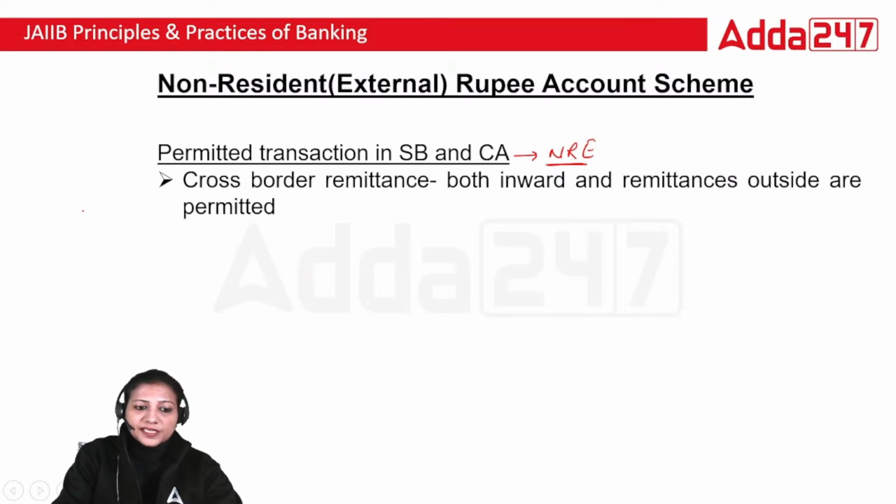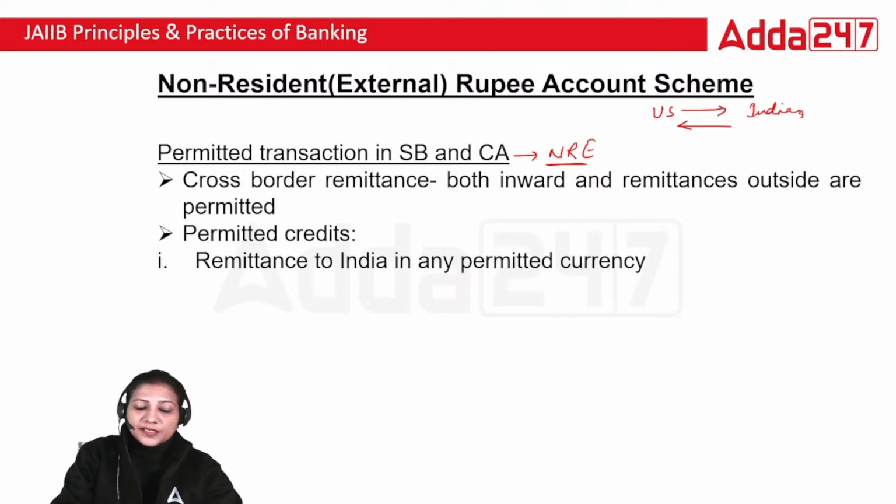First is cross-border remittance, both inward and outward remittance outside India are permitted. Inward means, taking the example of US and India, coming from the US to India, and outward means going from India to the US. So both inward remittance and remittance outside are allowed.